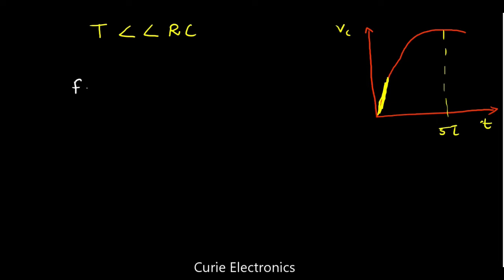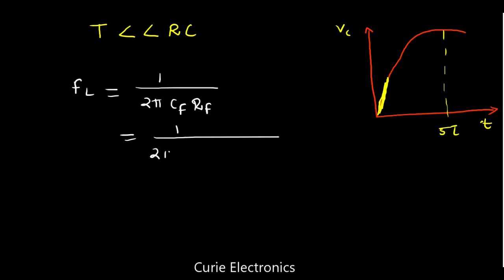For the given circuit, FL is 1 upon 2 pi CF RF. Putting in the values: 2 pi multiplied by 0.01 times 10 to the power minus 6, multiplied by 100 times 10 to the power 3.